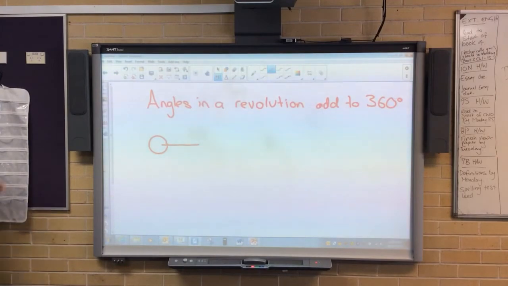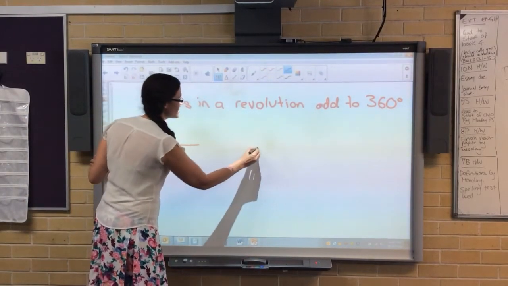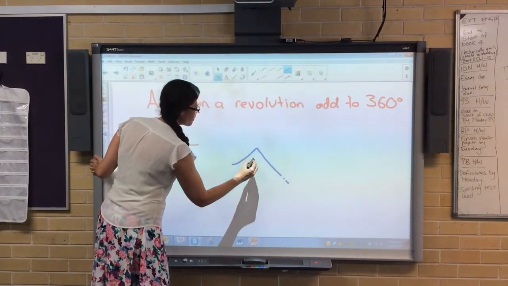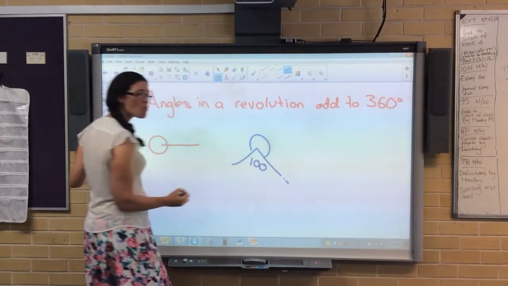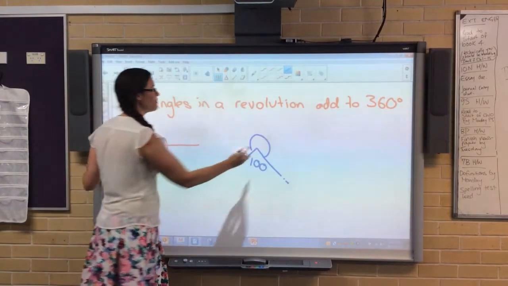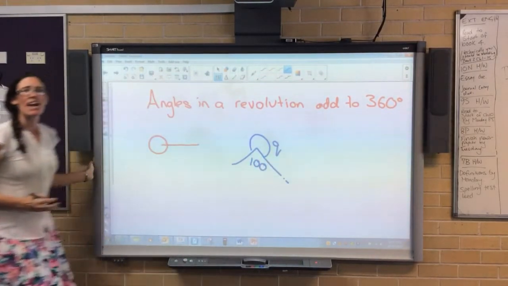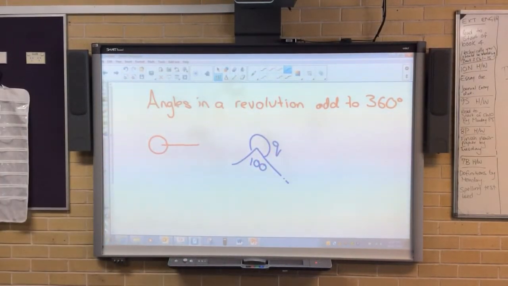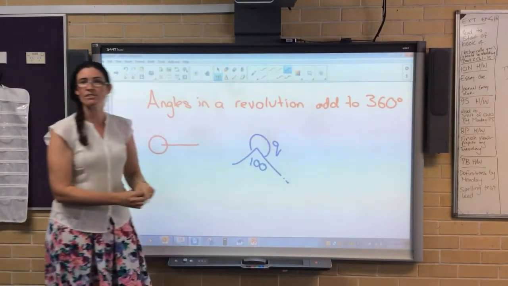Quiet. If I had a picture that looked like this, and I wanted to find this angle all the way around the outside that I'm going to call Q, how do you think I would find angle Q? Because I know in the full circle there has to be 360.